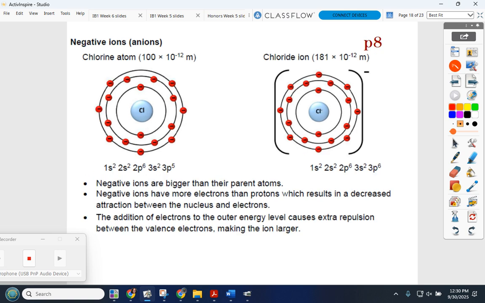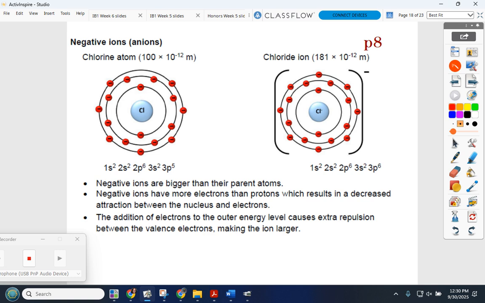Negative ions are going to be bigger than their neutral atom. And you might think, but they're not adding an energy level, we're just adding electrons to the same energy level. So our chlorine atom, we're just dropping one more electron in that third energy level. But because of the repulsion of the electrons against each other, they're going to be shimmying around to make space for that other electron and pushing each other a little bit further apart.